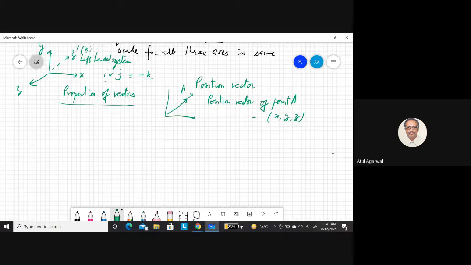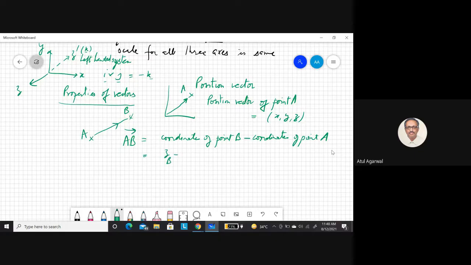If you have got 2 points, point A and point B, and you want to find the vector connecting them, the vector connecting them will be given by the coordinates of point B minus the coordinates of point A. So you will get XB minus XA, comma YB minus YA, comma ZB minus ZA.